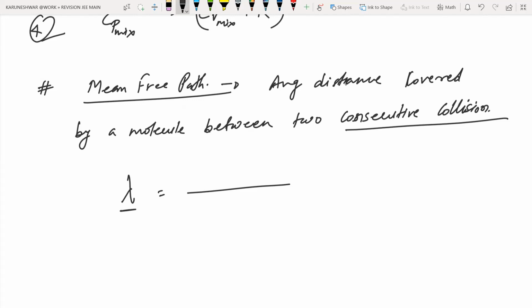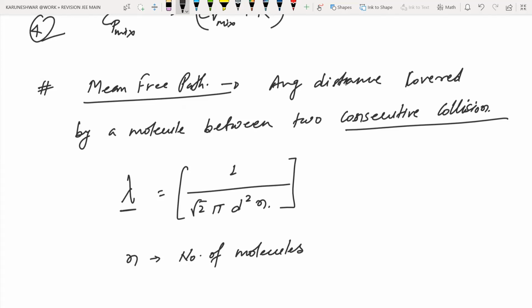It is 1 divided by root 2 pi d squared n, where a small n represents the number of molecules per unit volume, or simply the number density.